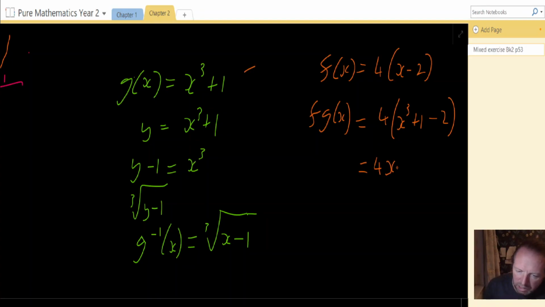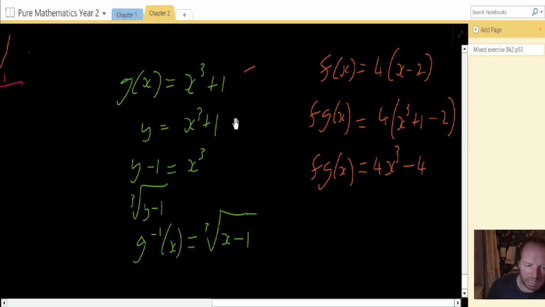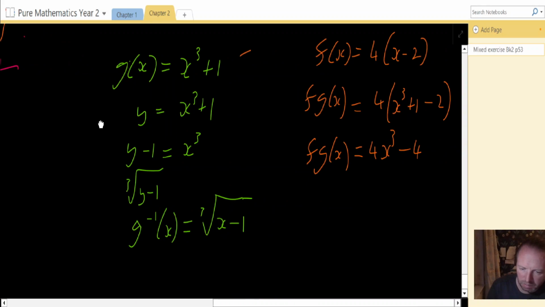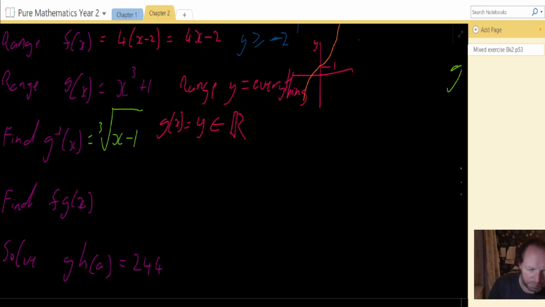So 4x cubed plus 1 minus 2, which is 4x cubed plus 4 minus 2, and that is f of g of x.